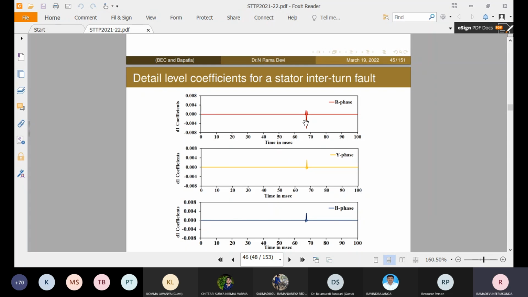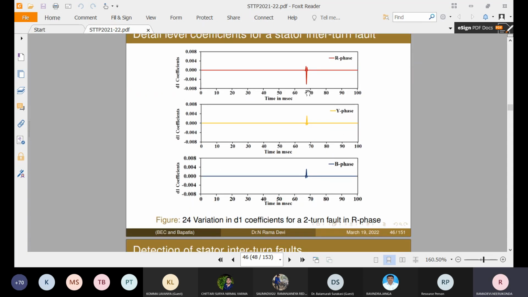The maximum correlation is given at this instant. And the peak value corresponding to the R phase is higher than the remaining two phases because the fault is in the R phase.